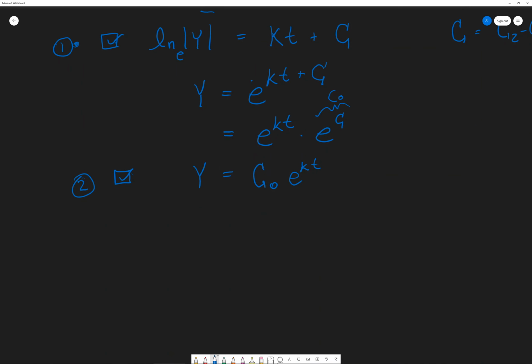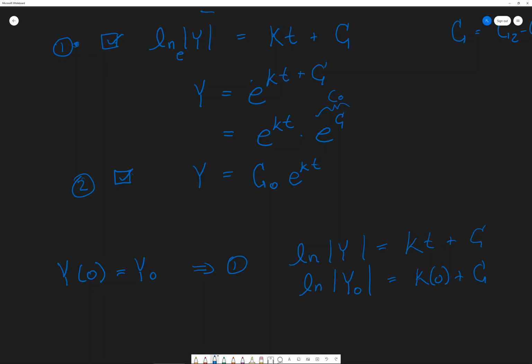So y at t equals 0 equals y0, and we're going to sub that into equation number 1. Let's rewrite it: ln of y equals kt plus c. We said that ln of y is ln of y0 when t equals 0, which is equal to k times 0 plus c.